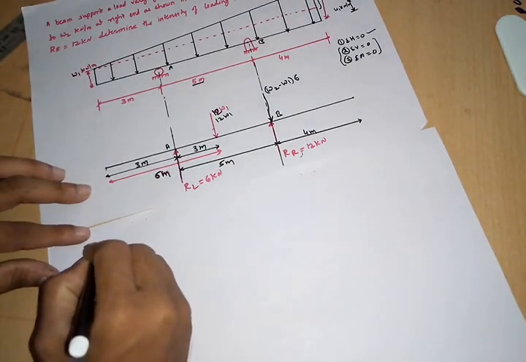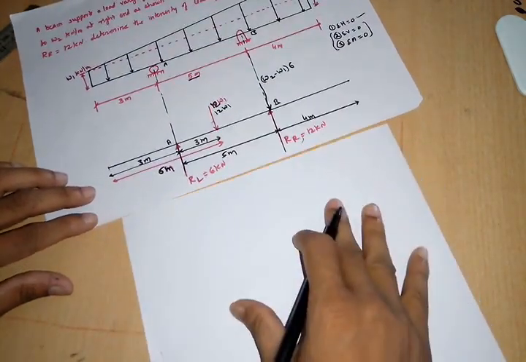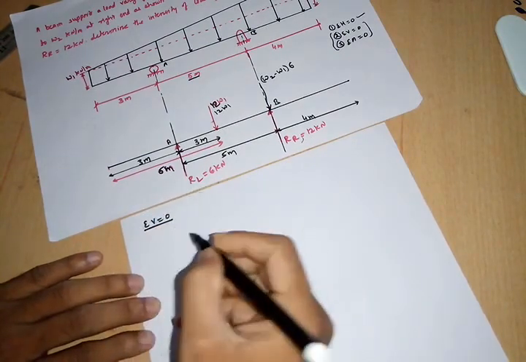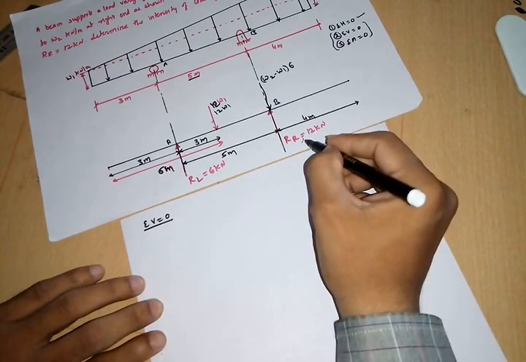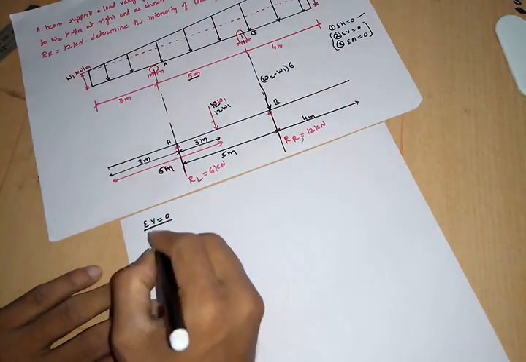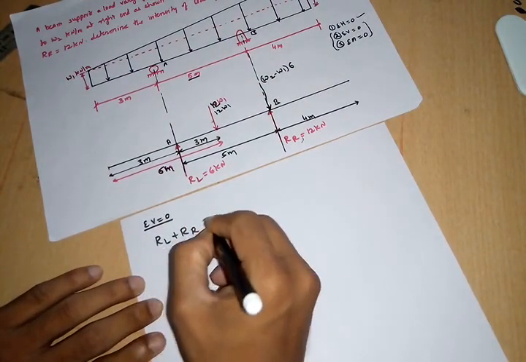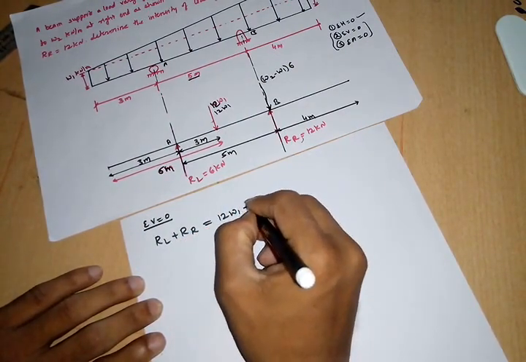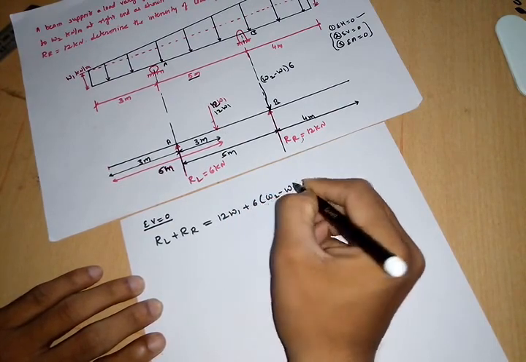So summation of V is equal to 0. Here this is one vertical reaction and this is the other vertical reaction, and these two are the vertical forces. So RL plus RR is equal to 12W1 plus 6 into W2 minus W1.